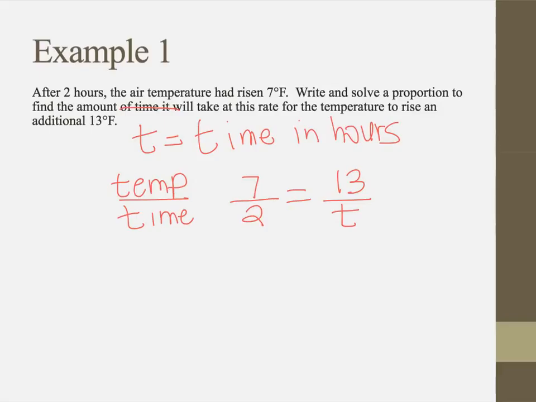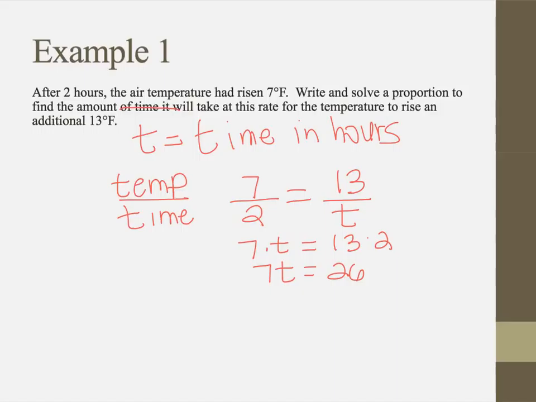So the next step is to use our cross products. So we have 7 times T is equal to 13 times 2. So this becomes 7T is equal to 26.